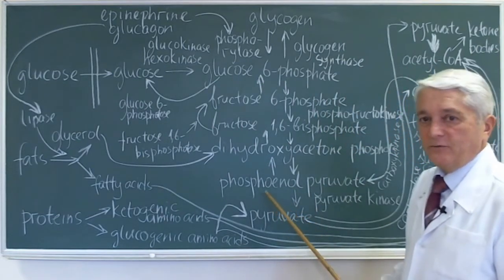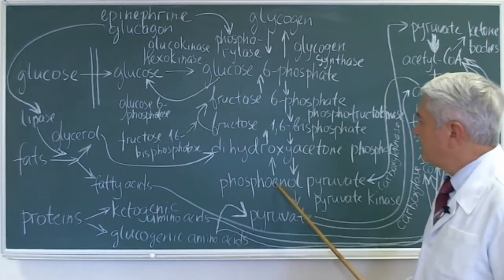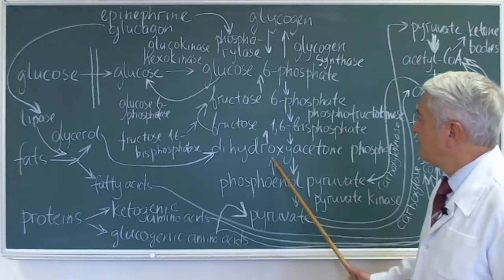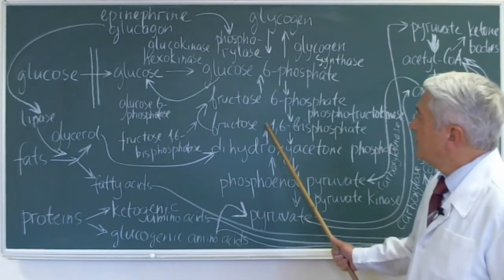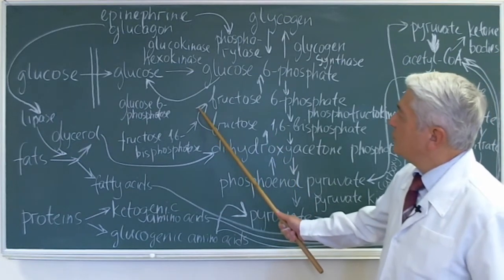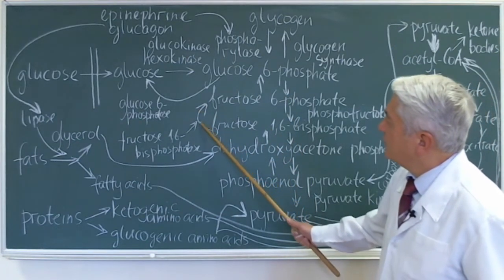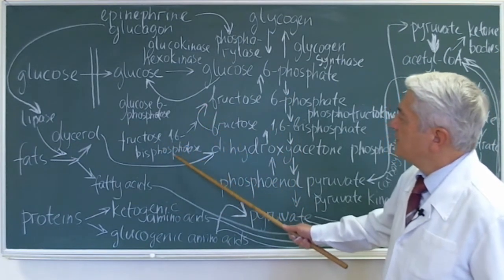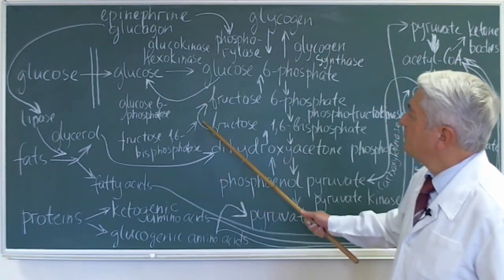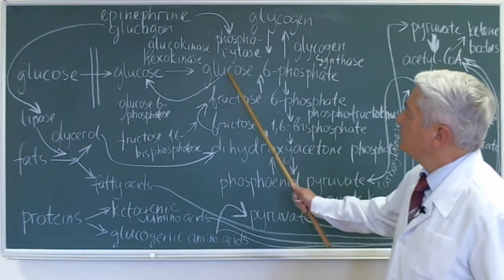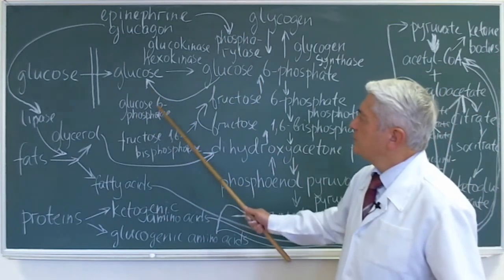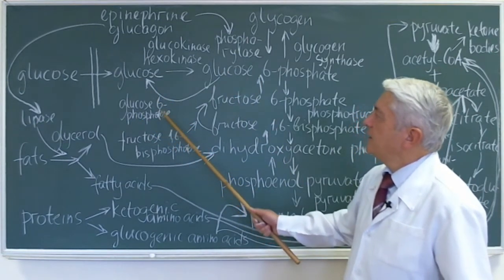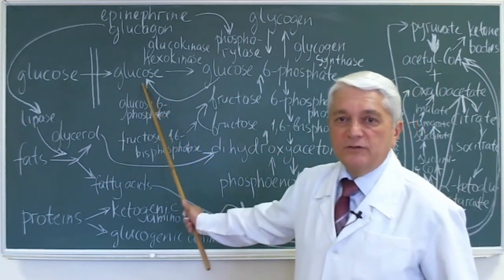Then other things we already know, that this reaction is reversible, this reaction irreversible, so we have this bridge with fructose 1,6-bisphosphatase. Then this reaction is reversible, then another bridge with glucose 6-phosphatase, and then we are receiving glucose.